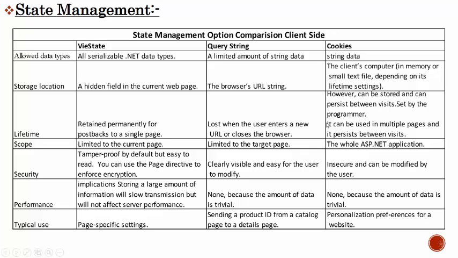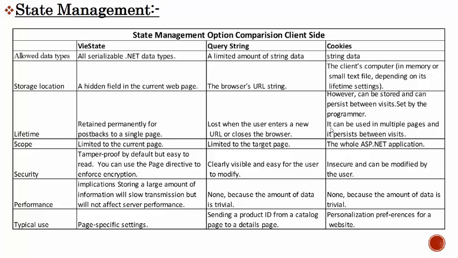They can be used in multiple pages and persist between visits. So the lifetime of view state remains up to the single page. How long is the query string's lifetime? Until the user closes the browser or enters a new query string.